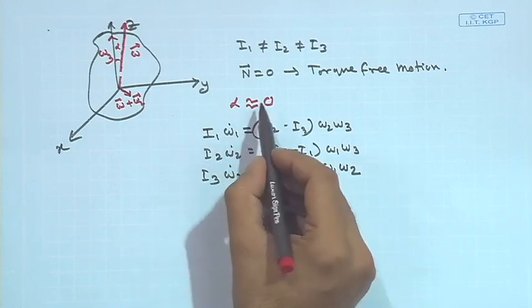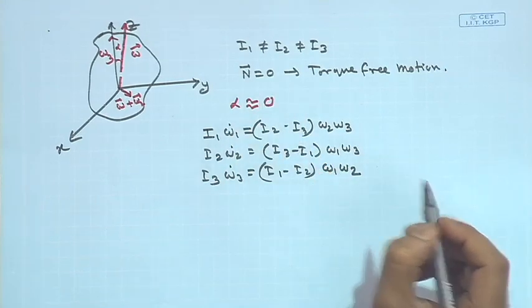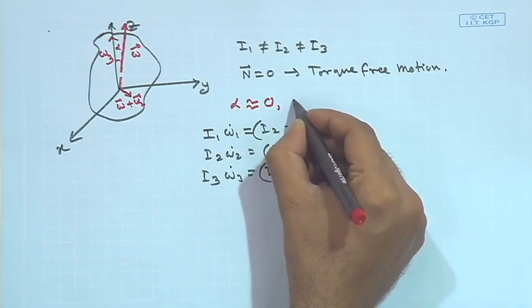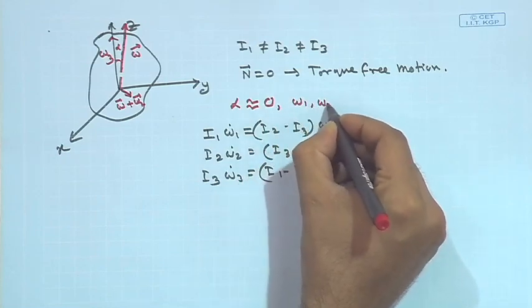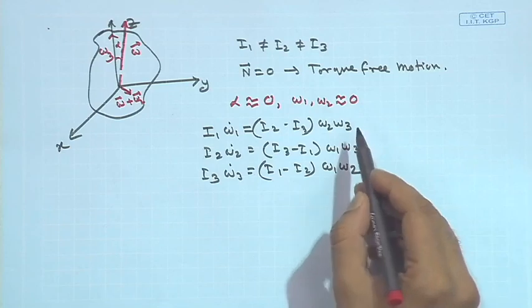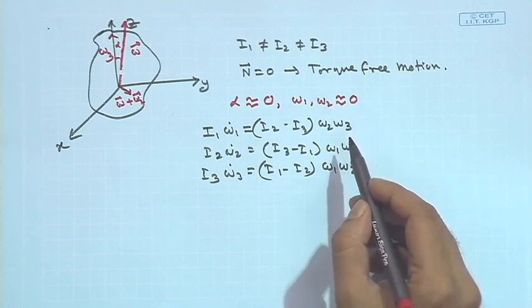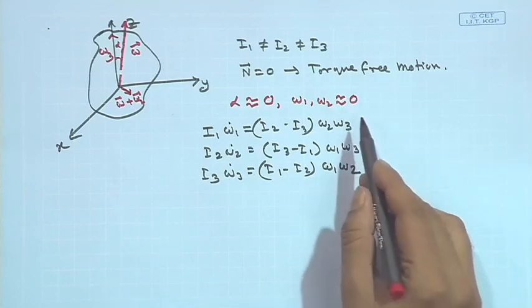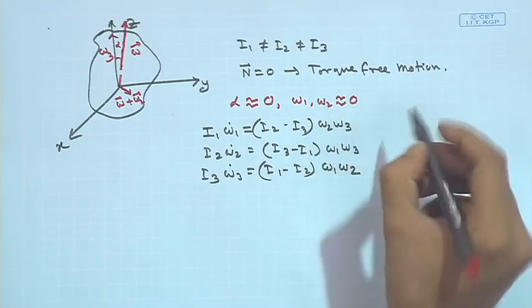Now, as the angle alpha is very small, this essentially means omega 1, omega 2 both are also very small. We are not assuming that they are 0, but they are very close to 0. Now, if this is the case, both of them are equally small.